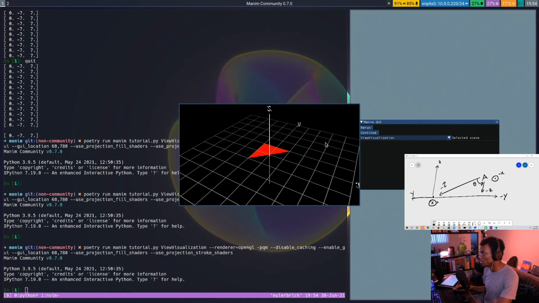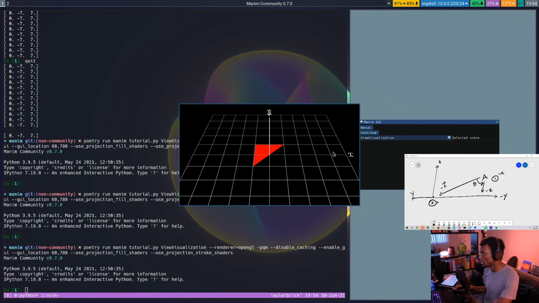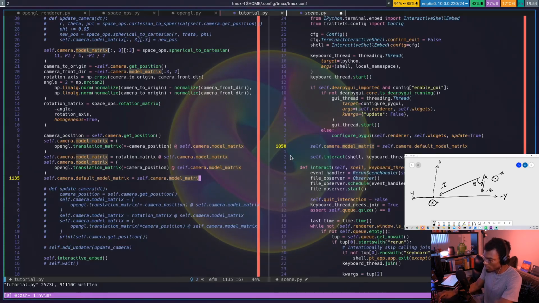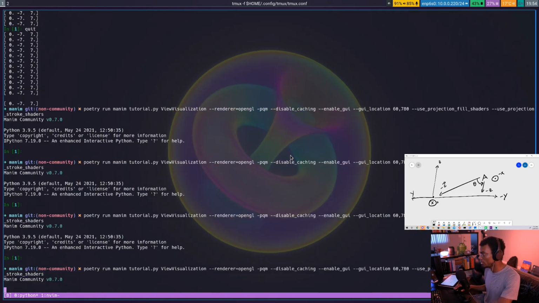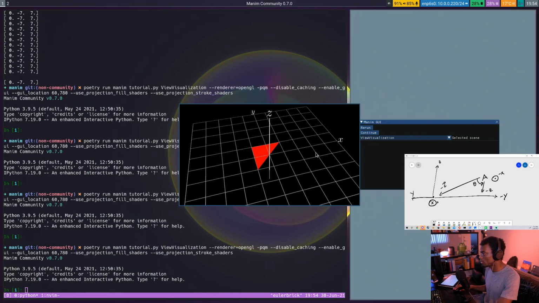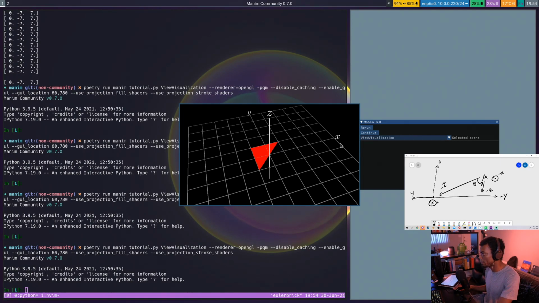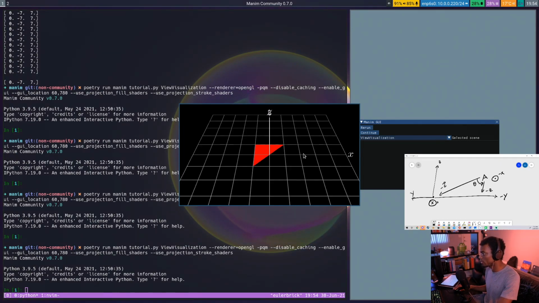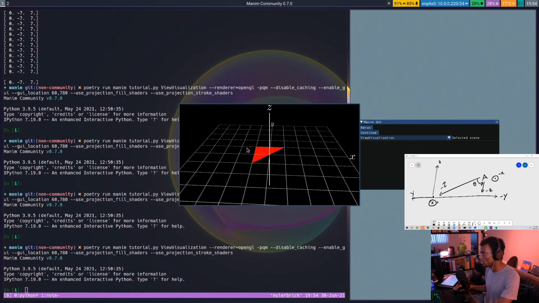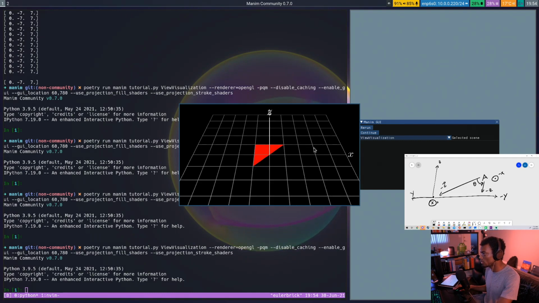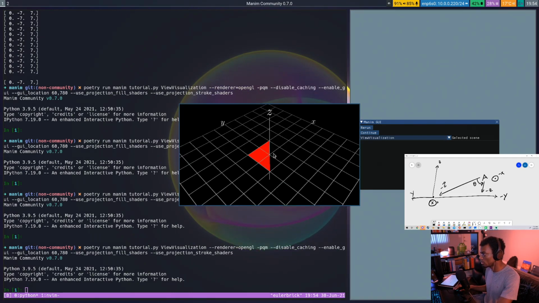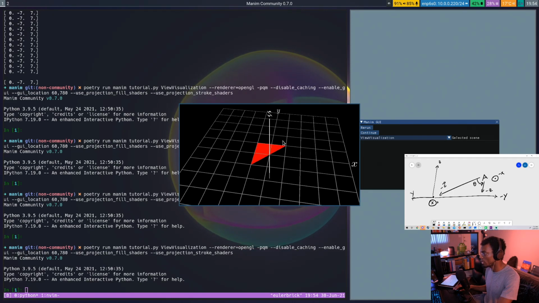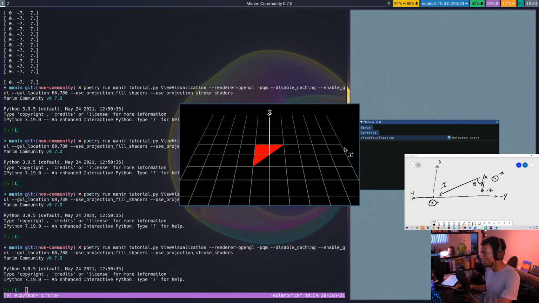Never mind that the Z and I think the X are reversed. We will deal with that later. Wait, here it's right. But if I press R... Wait, it's right again. Okay. Oh, it's if I do it from like over here. And the Z switches places.